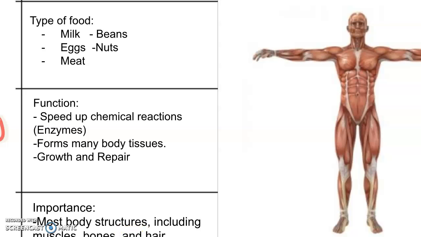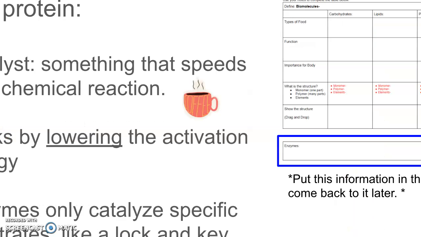Enzymes speed up chemical reactions. Enzymes, so in this little box right here, it's going to be part of proteins. It's the catalyst, something that speeds up a chemical reaction, so works by lowering the activation energy. And enzymes only catalyze specific substrates like a lock and key.